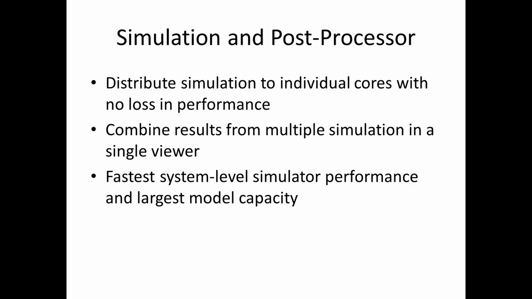So, for example, we have had models of PowerPC and ARM-based systems where there are over 200 to 250 cores that are part of a single simulation model, and you can still get results within a reasonable amount of time. So that allows us to create extremely large models with an accurate amount of detail within the simulation.